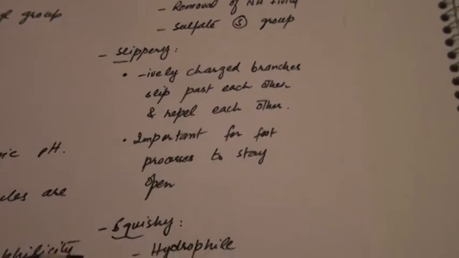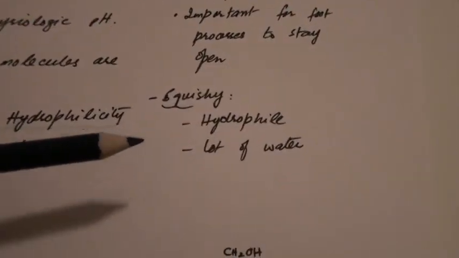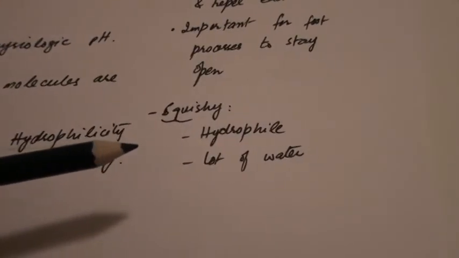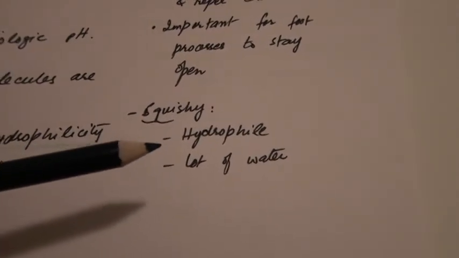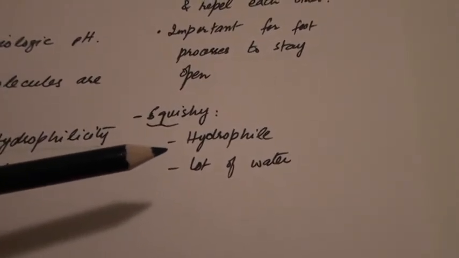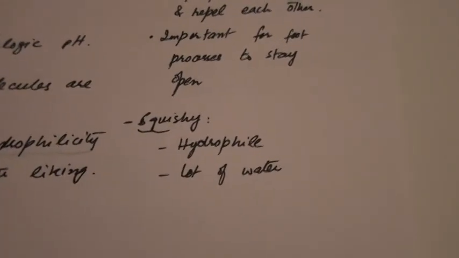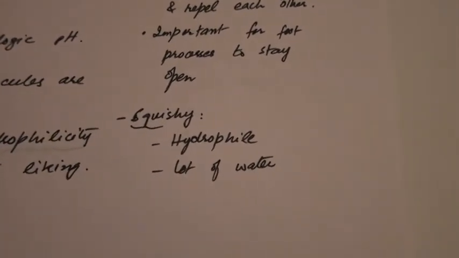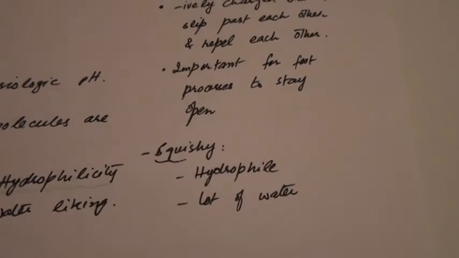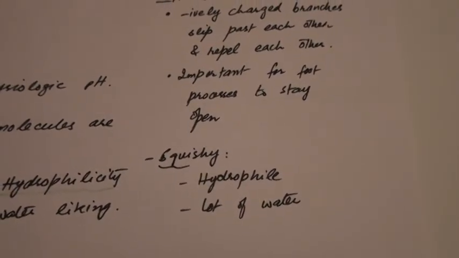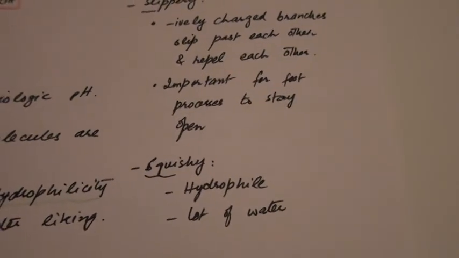So we'll see that this is a very important factor. Then glycosaminoglycans are also squishy. That is because they are negatively charged, so they are hydrophilic, and so they attract a lot of water with them. So we will continue in our next lecture about the structure of the glycosaminoglycans, glycoproteins, and proteoglycans.